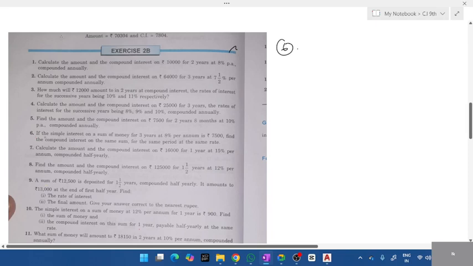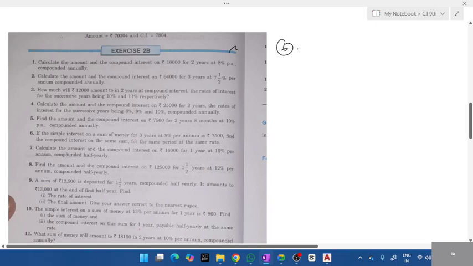First read from the beginning. Read out, Ananya. Read out the question. Okay, fine, fine. Till 7,500.